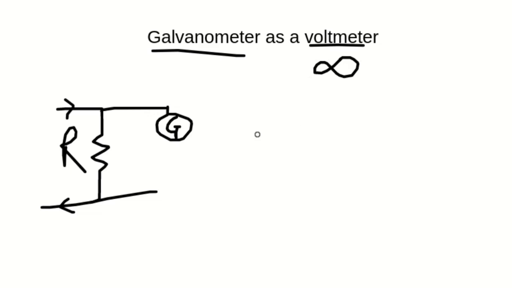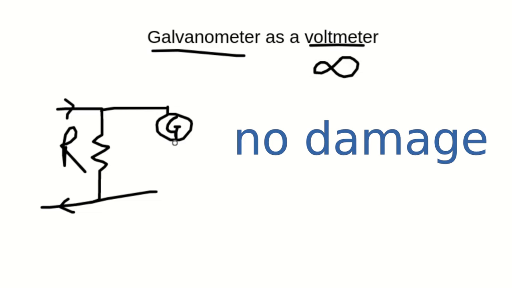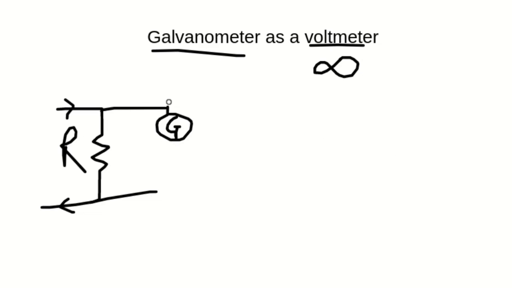And the third point is that the galvanometer should not be damaged due to high current. As we are passing very low current, there will be no damage to the voltmeter.